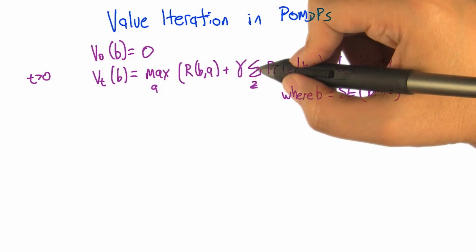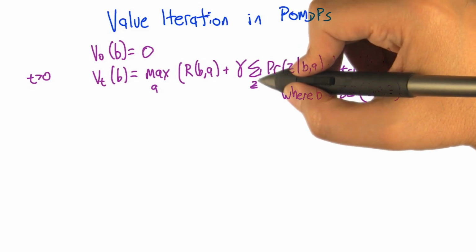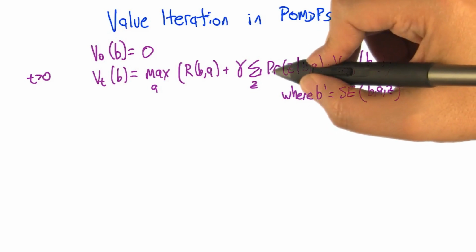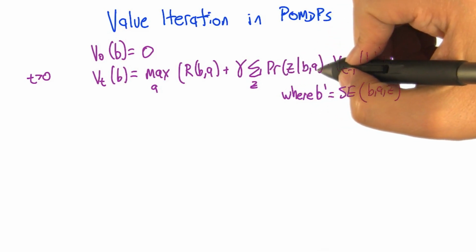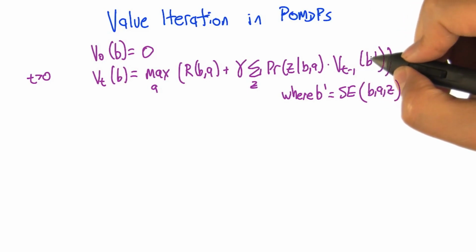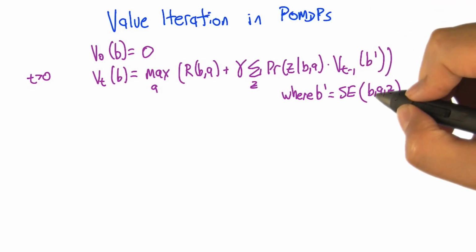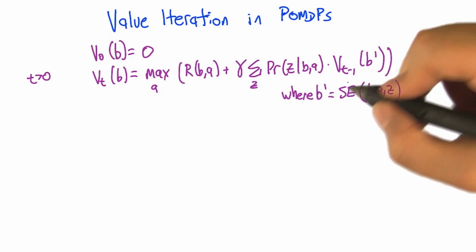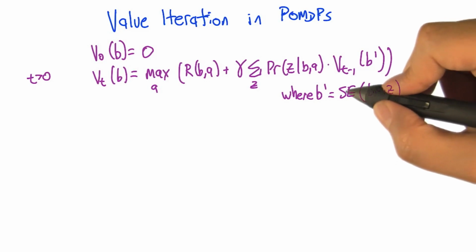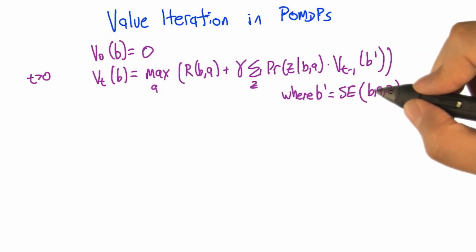So we're going to observe an observation z, and so let's sum over all the possible observations, the probability that we make that observation times the value function at the previous time step for the resulting belief state b prime, which is what we get by doing what we talked about on the previous slide, which we'll call the state estimation for b, a, z. All right, that seems reasonable.